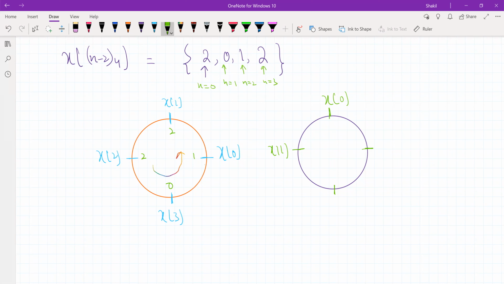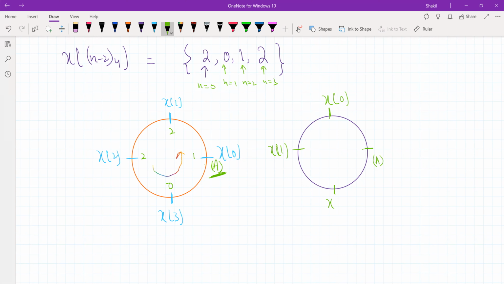This will be x of 1. Remember your origin starts at this location. Let me call it A. Your origin is still fixed here. So remember, you are not changing the origin. You are only shifting the points on this circle. So you will start reading the points again from this point. Origin means your n equal to 0 point will again be located there.